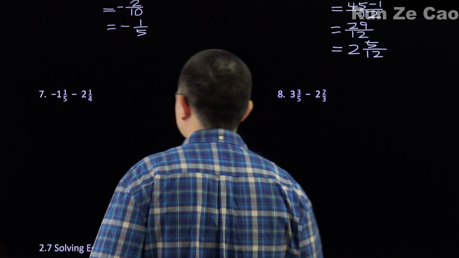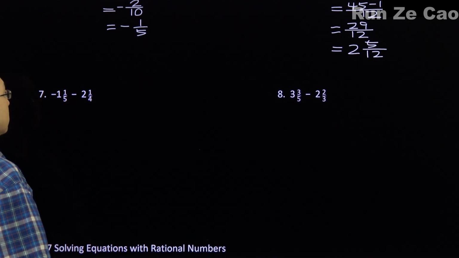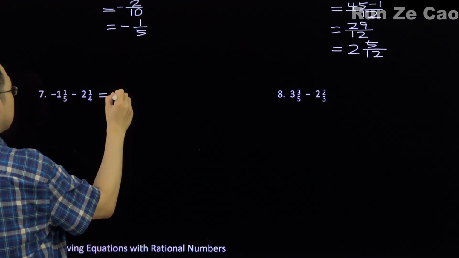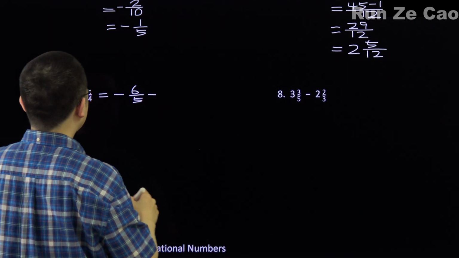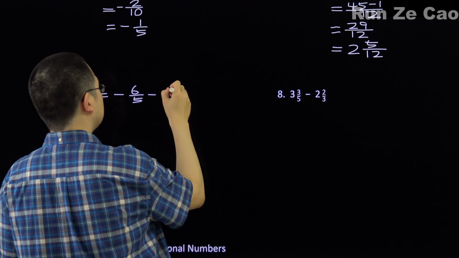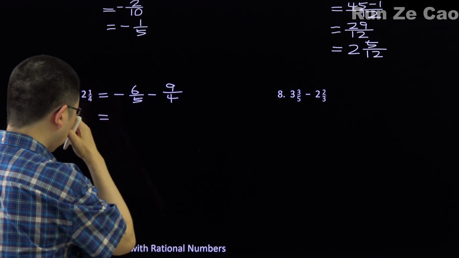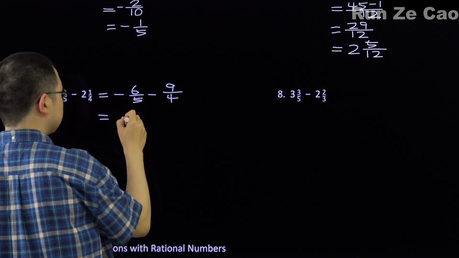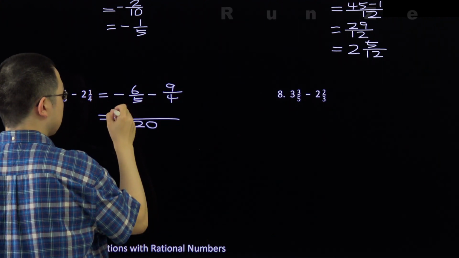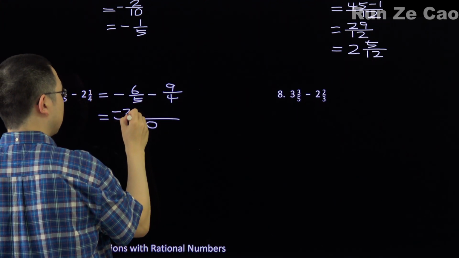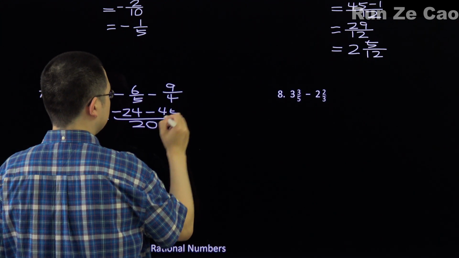Now, for these next two, negative 1 and 1/5 minus 2 and 1/4. That's negative 6 over 5 minus 9 over 4, which equals, out of 20, negative 24 minus 45.